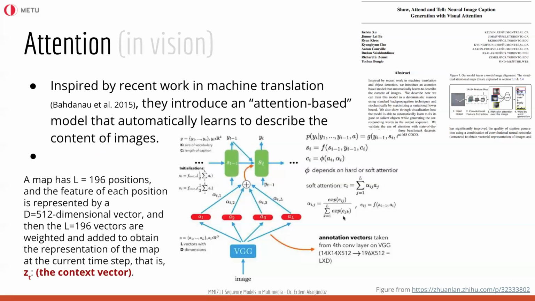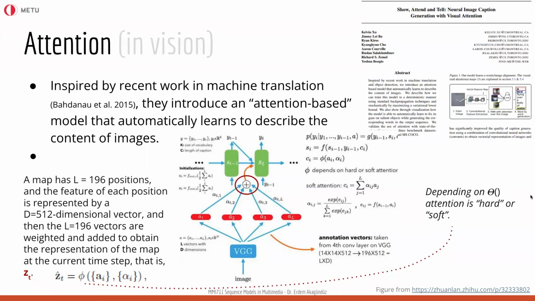So in this way, we have 196 positions in the sequence because the sequence dimension is different regions of the image. And the feature of each position is represented by 512 filter activations. And these vectors are weighted with these weights that we calculated using these functions to create the current context vector.